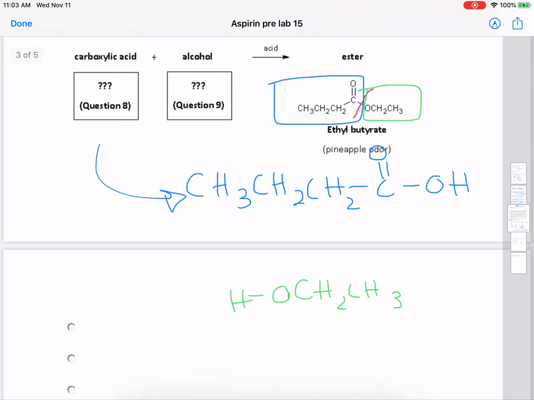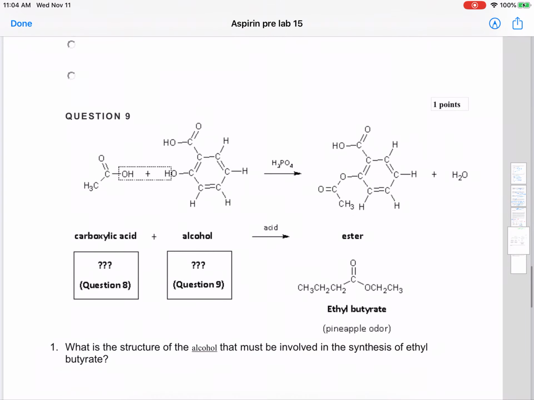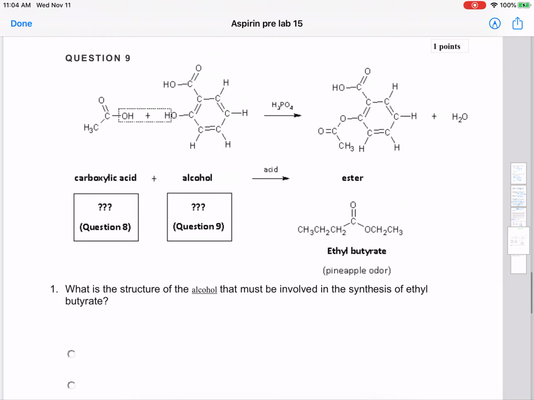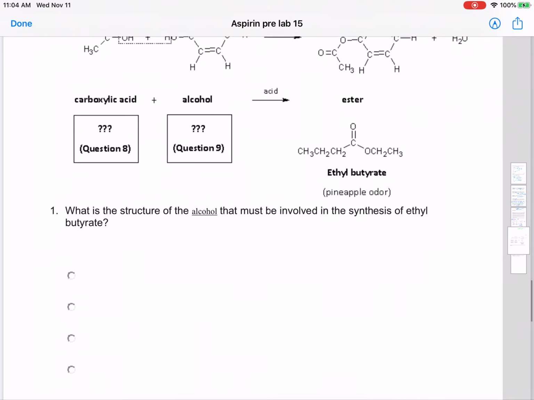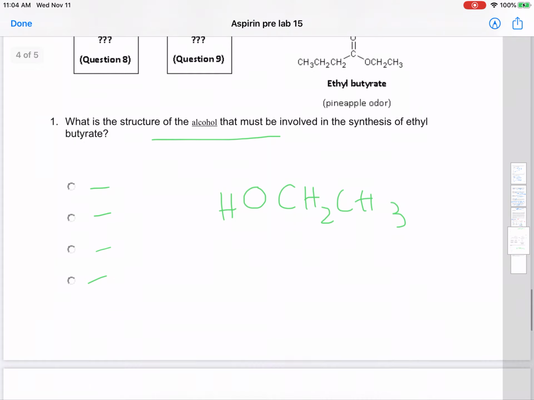That is going to be the alcohol, OH, CH2, CH3. Okay. What is the structure of the alcohol? So I gave you the answer for this one, that is the alcohol, O, CH2, CH3, H. So from the given choices on your screen, you can choose the correct alcohol.